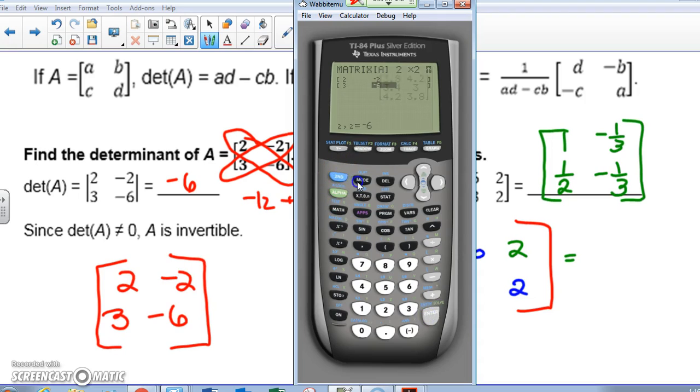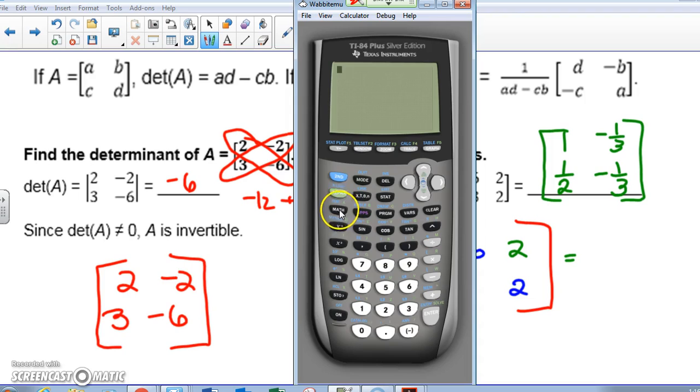All right, everybody ready? Back on the home screen, you want it to find the determinant of A. There's no reason to do this by hand on the calculator if you had a 2 by 2, it takes way too much time. But if you had a 3 by 3, finding the determinant is miserable.